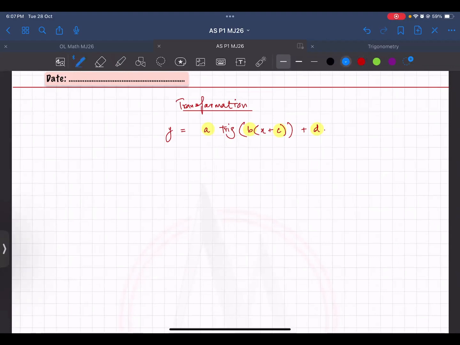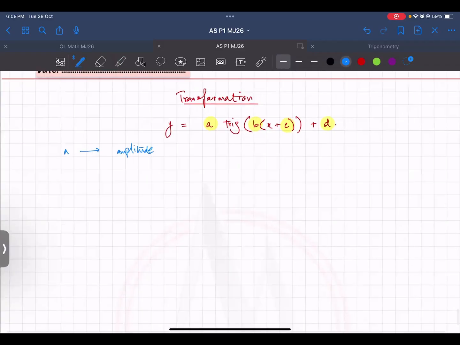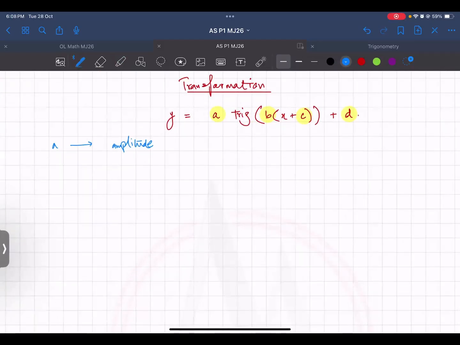So what does each thing do? A is your amplitude. Those who had physics in O levels know about amplitude. Amplitude is the minimum or the maximum distance from the mean line.